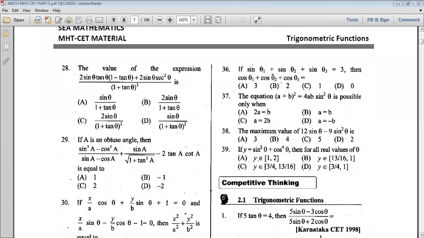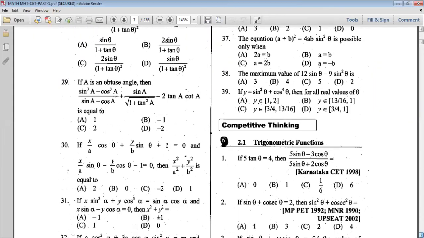Let's look at the 29th problem. A is an obtuse angle, then what is the value of this?